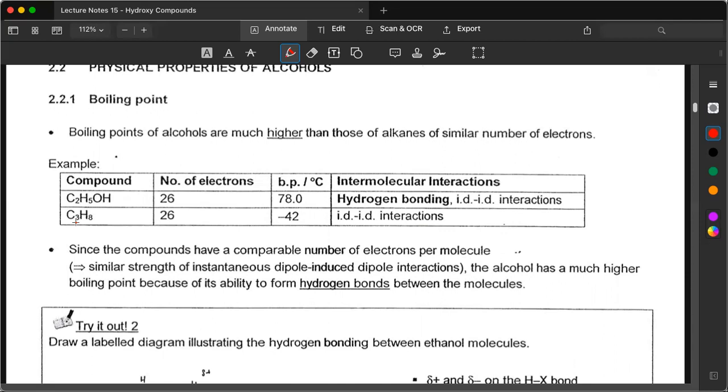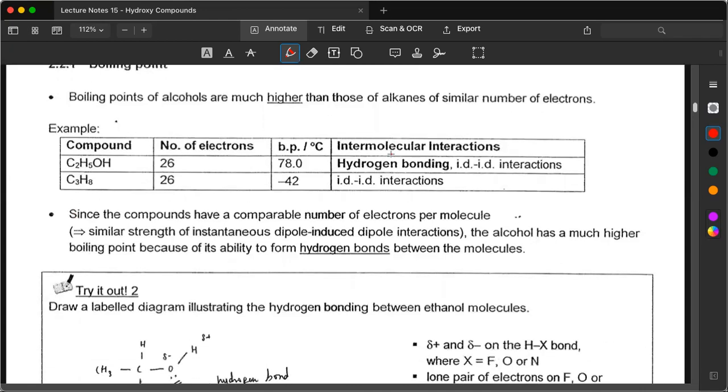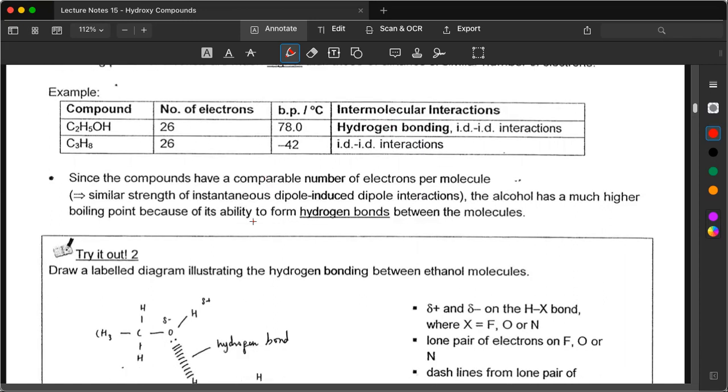The alcohol has a much higher boiling point because it has hydrogen bonding in addition to id-id interactions. Because of the hydrogen bond formed between molecules, which is a much stronger force of attraction, requiring more energy to overcome, alcohol has a much higher boiling point.